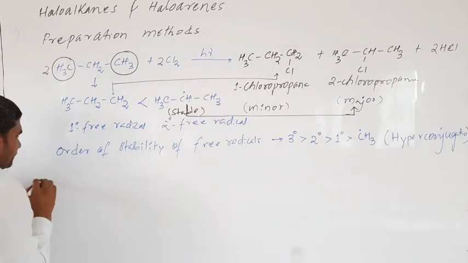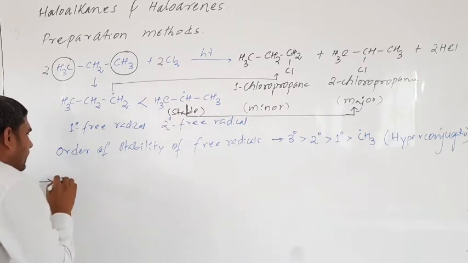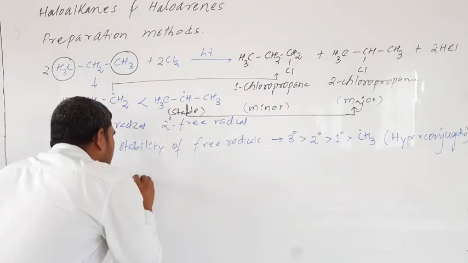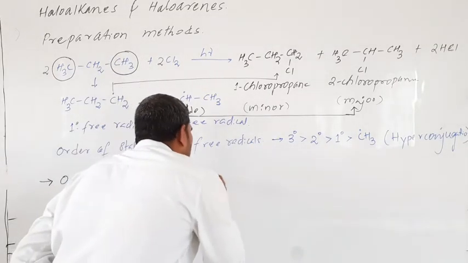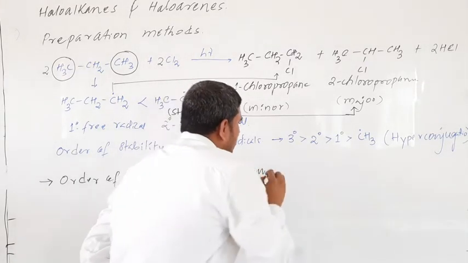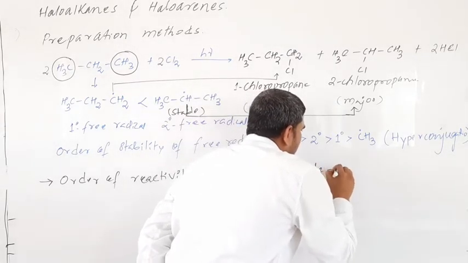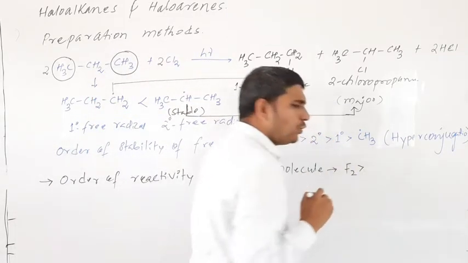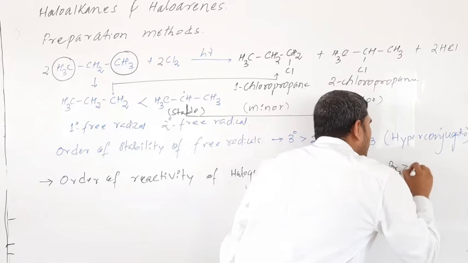Now next, if you observe the order of reactivity of halogen molecules during halogenation of hydrocarbons, fluorine molecule is highly reactive compared to chlorine, then bromine, then iodine.